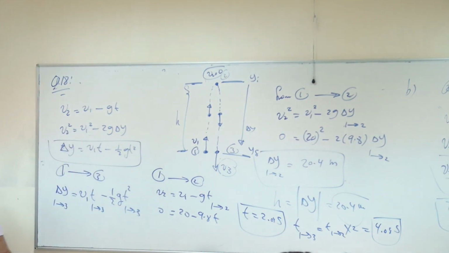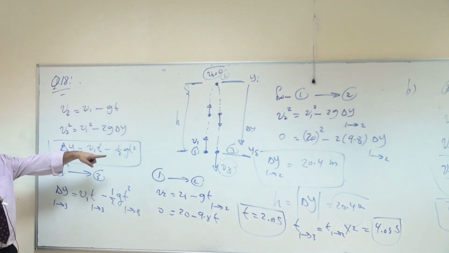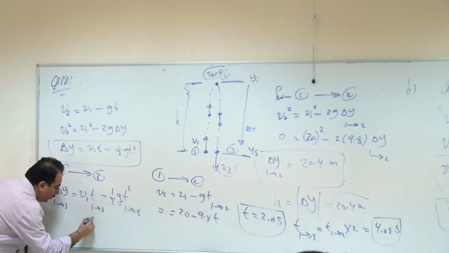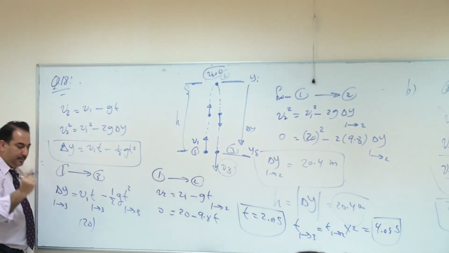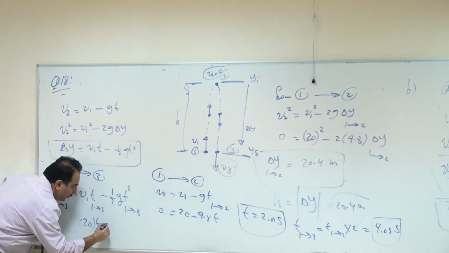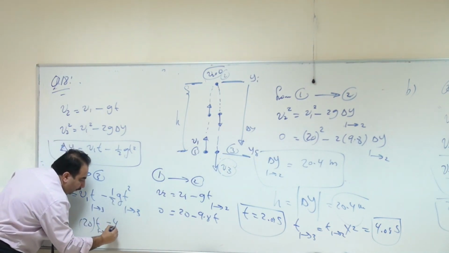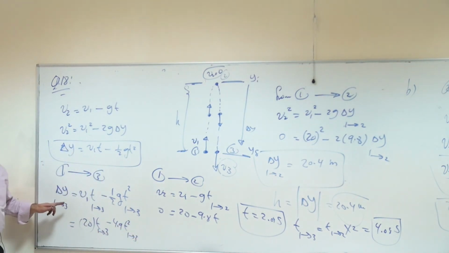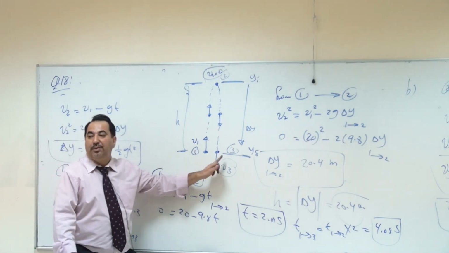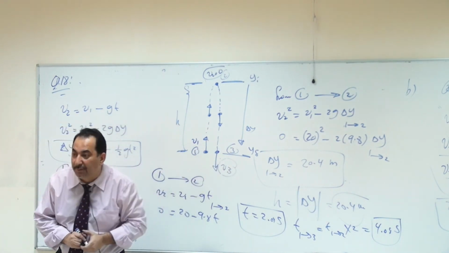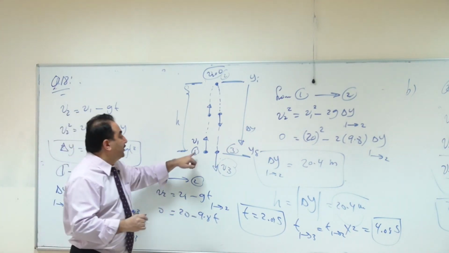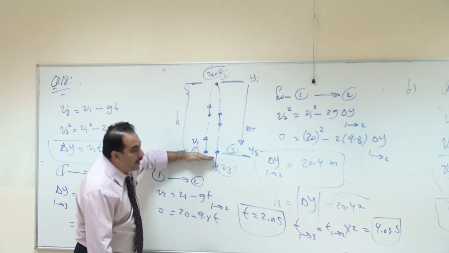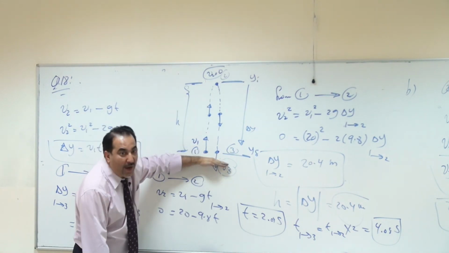Now let's substitute. How much is V1? 20. Yes? Time, you want the time. Half G, 4.9, T squared from 1 to 3. What is delta y from 1 to 3? 0. This delta y is displacement. It's not the distance. You are at y1 and then back to y1.